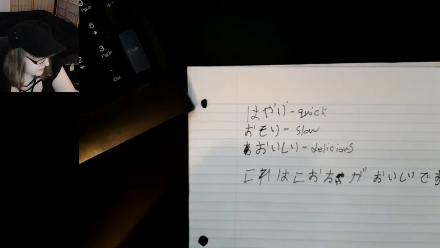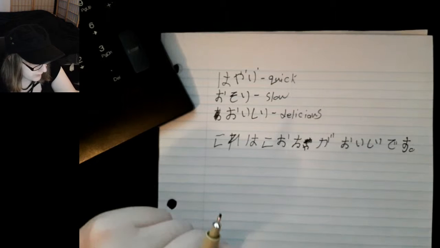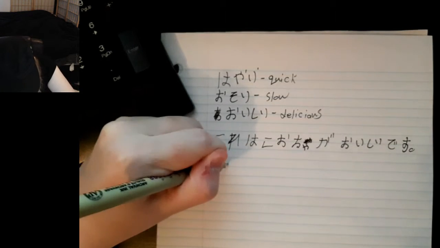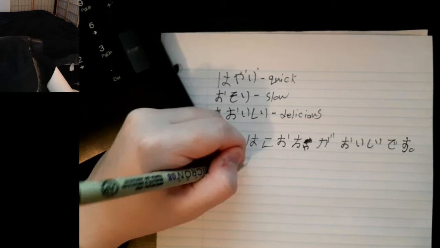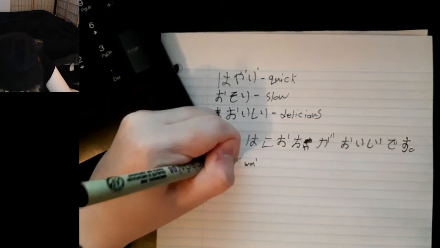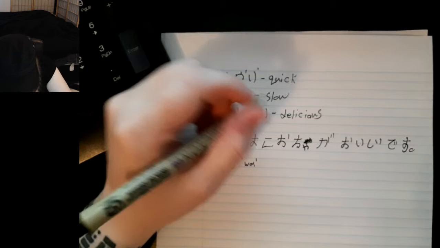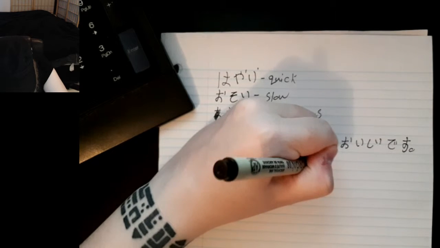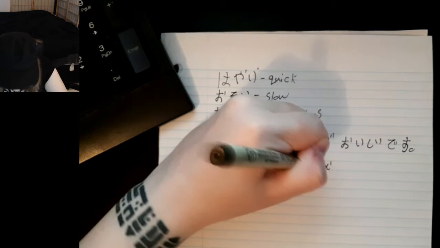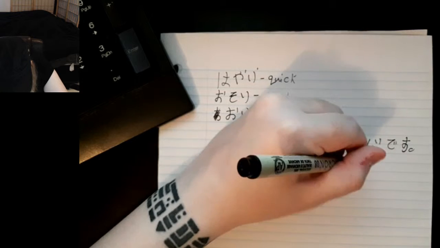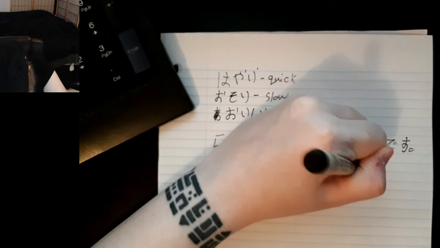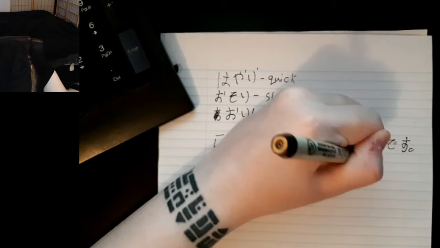So in this context, there's no conjugation or anything like that. Just kore, this. Kore wa kocha ga oishii desu. Sorry.